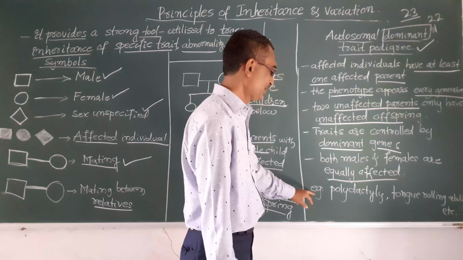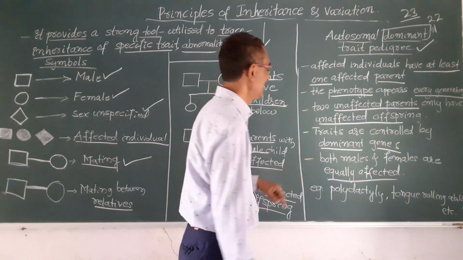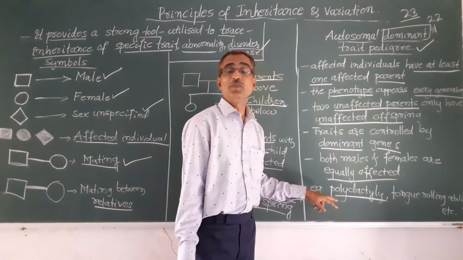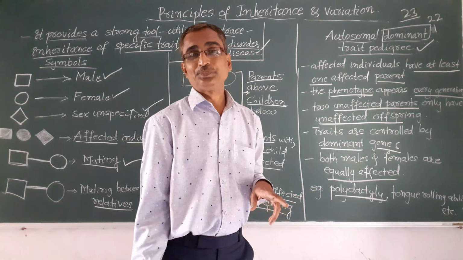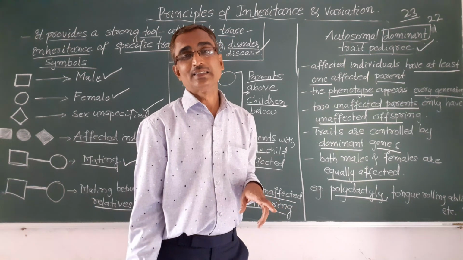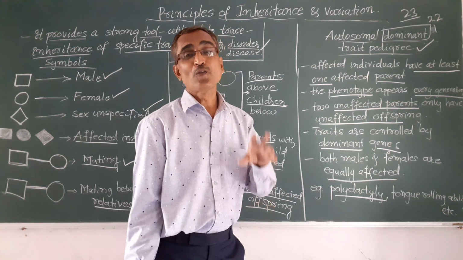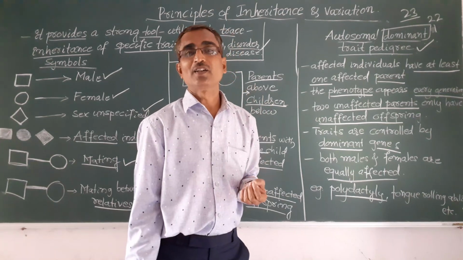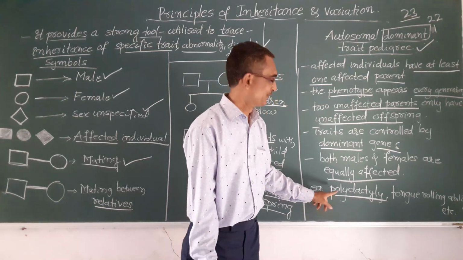An example for this autosomal dominant trait pedigree is polydactyly. Poly means many, dactyly refers to fingers and toes: the condition in which organisms have more than 5 fingers and toes is called polydactyly.